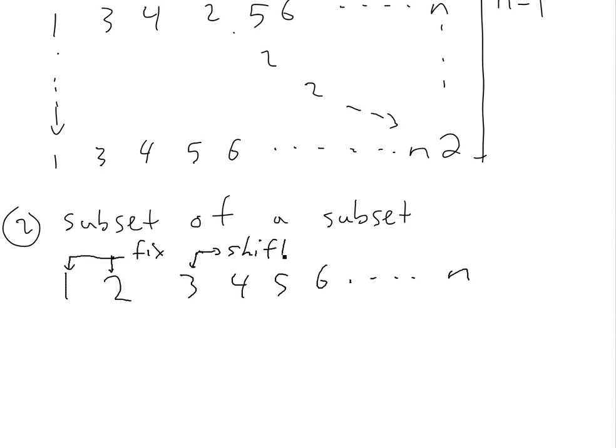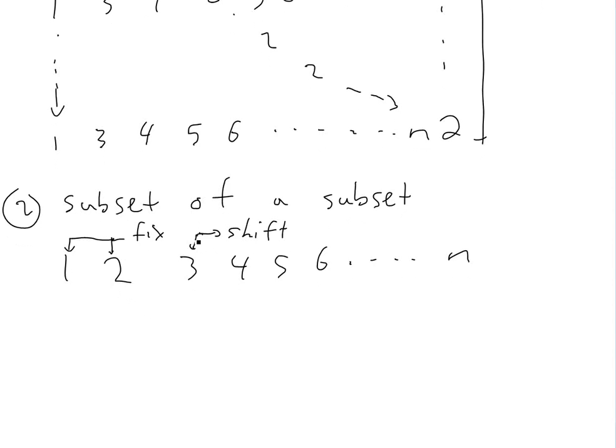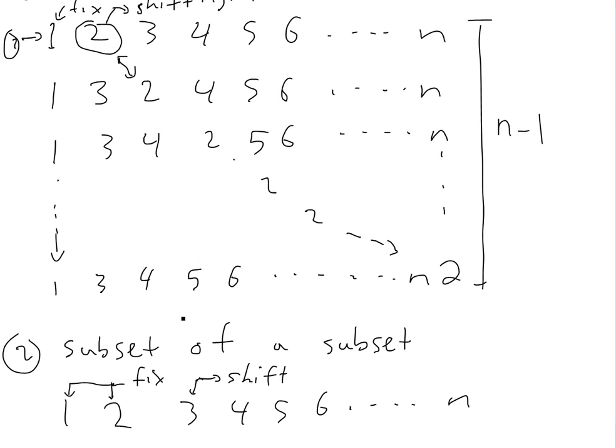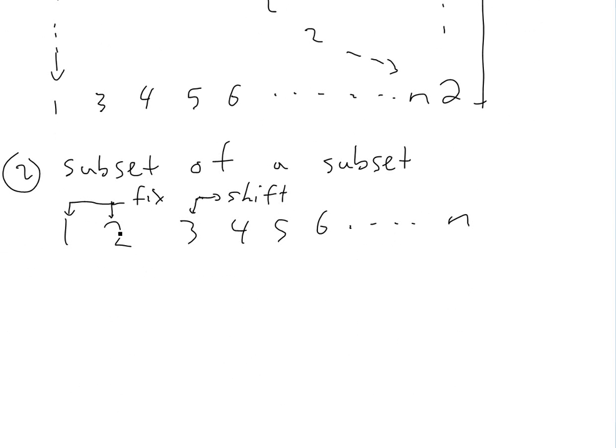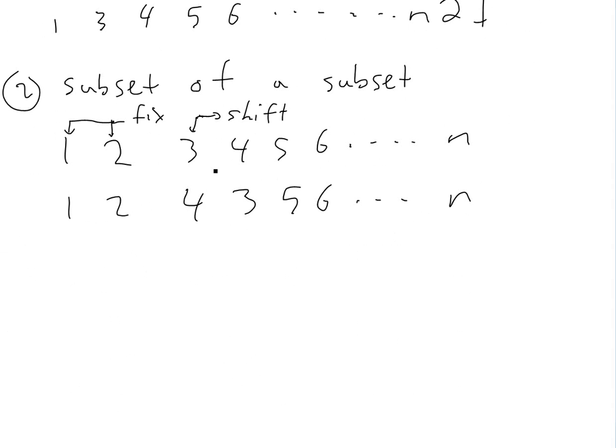Hopefully you can see the pattern now. And then we're going to see how many ways of sorting this one out while leaving these two fixed. It's going to be n minus 2 because you see the 2s there. So we shift right, so we're going to get 1, 2, 4, 3, 5, 6, all the way to n. And similarly, we're going to have a diagonal across the whole thing. And this keeps going down here.